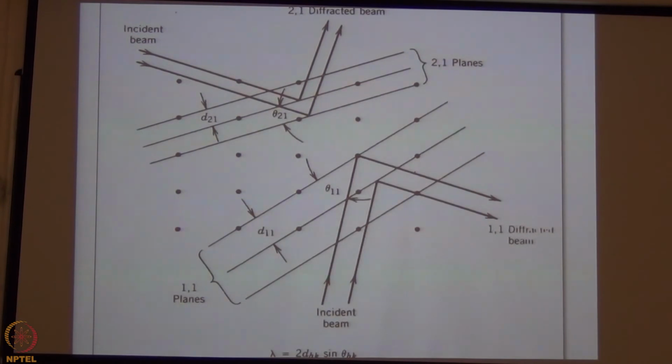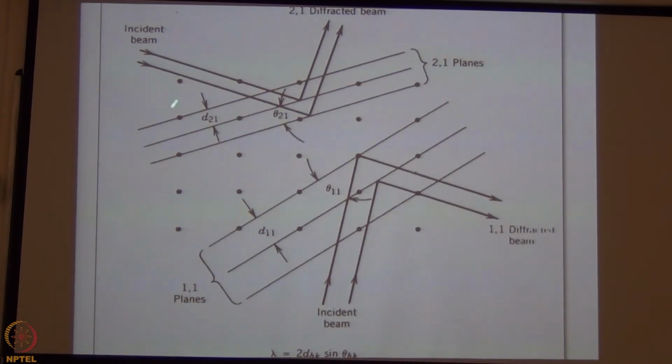I have taken the figures from there. I will give you that copy today. These points correspond to a primitive lattice. Suppose it is in 2D. So, if you join the corner points and draw the plane, these are 1-1 planes, right?